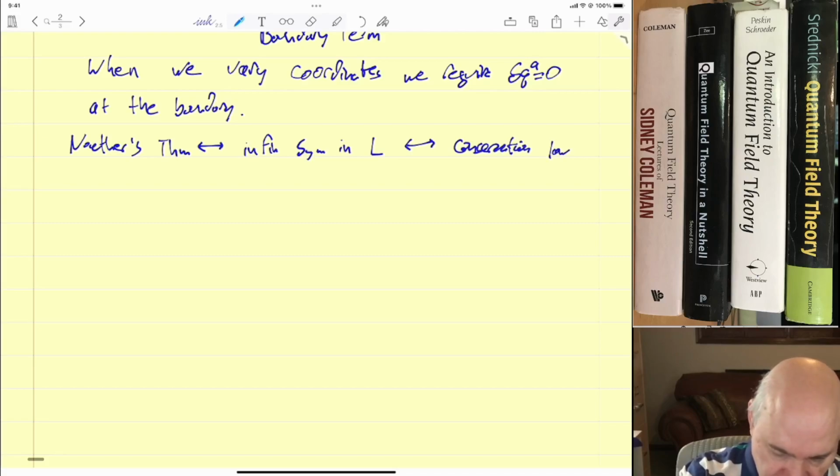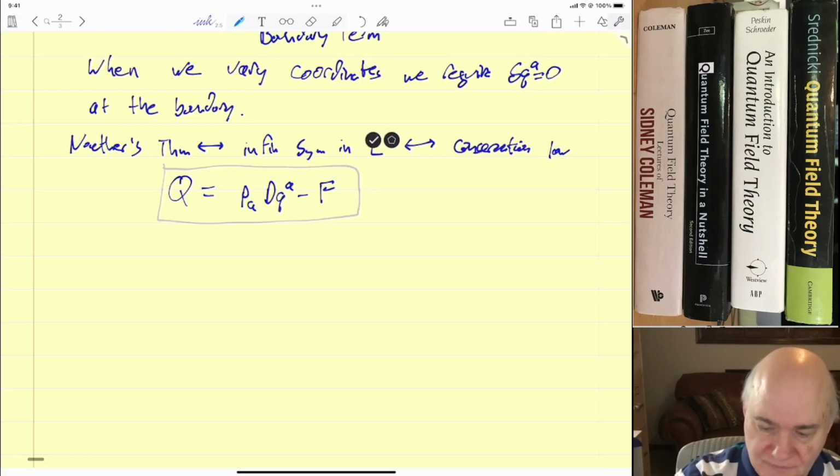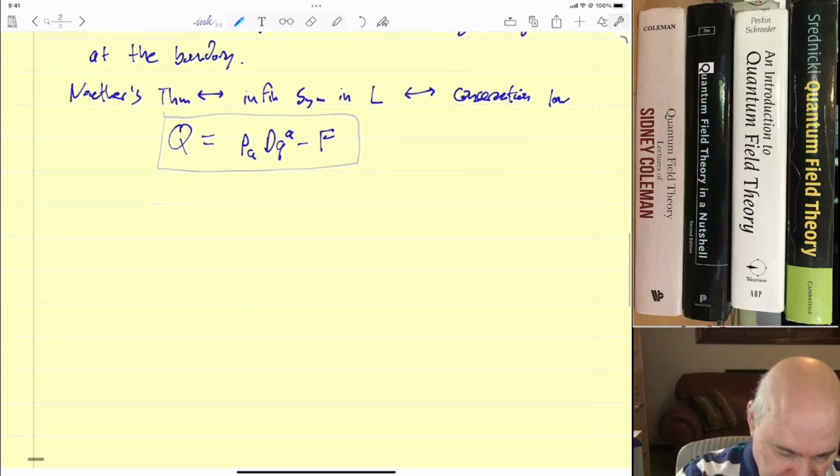And here we'll just explicitly exhibit it and show that it's conserved. So define Q as PA delta QA minus F. Again, this is going to be the shortest proof of anything you've ever seen in physics.